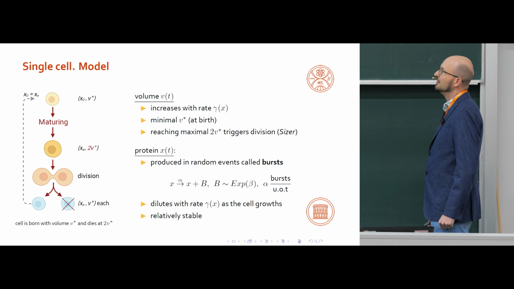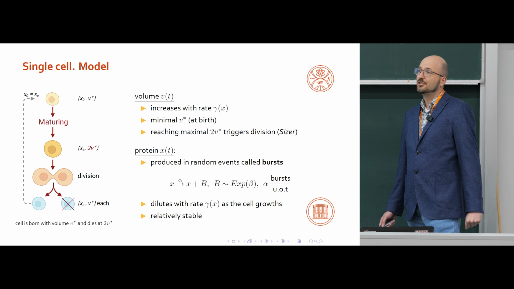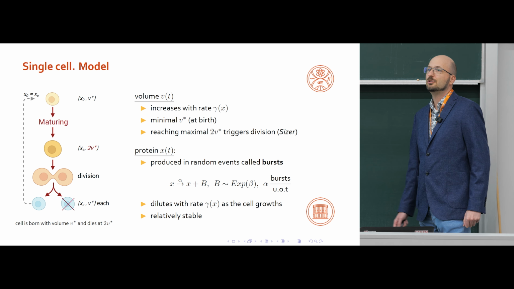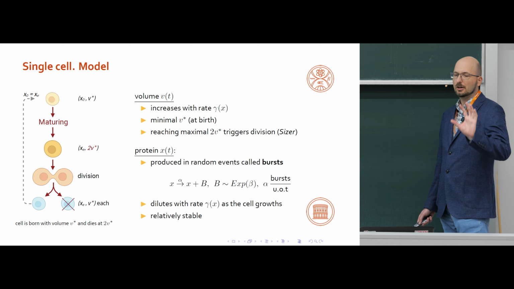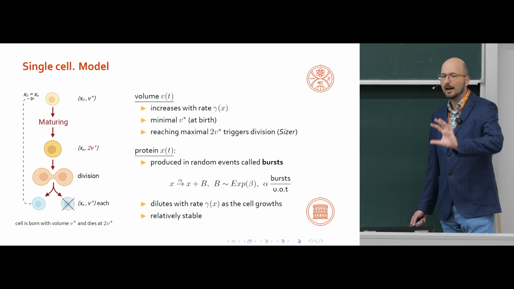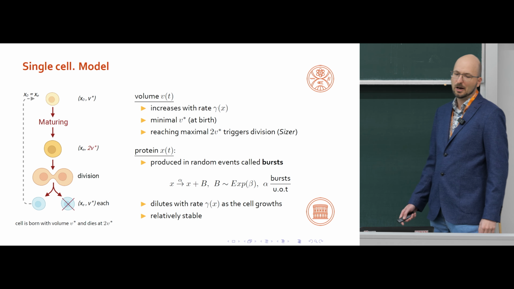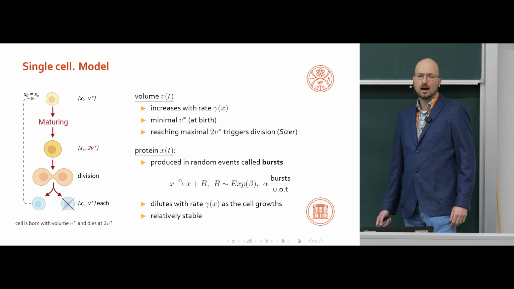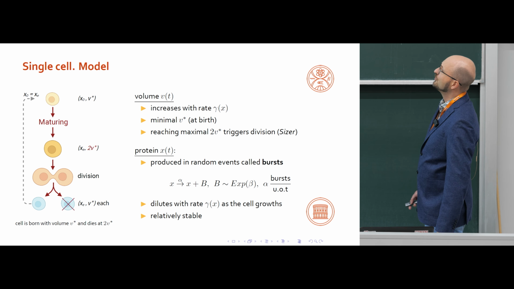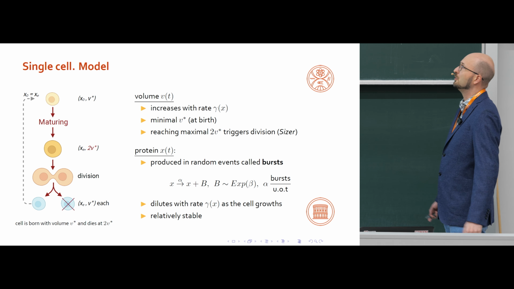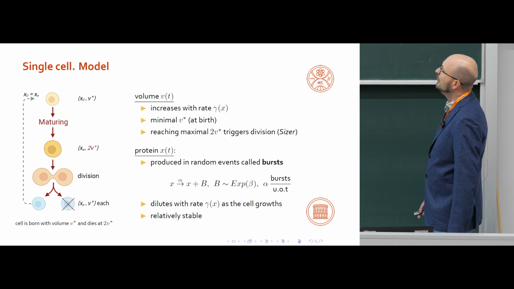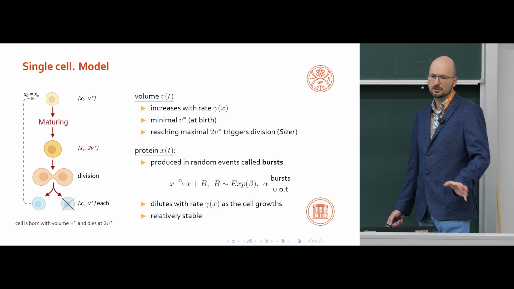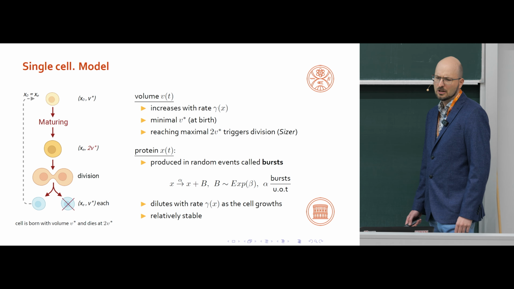It's called the cell cycle. And we are just looking at the single cell in our first model, so that means that we forget about one of the daughters and we follow only one of the daughters, and that behaves exactly as its mother. Okay, and for this one cell we are tracking two variables. First is volume, so that's the volume of the cell, which increases. And the second one is the concentration of protein. Concentration, not the amount of protein, but concentration.